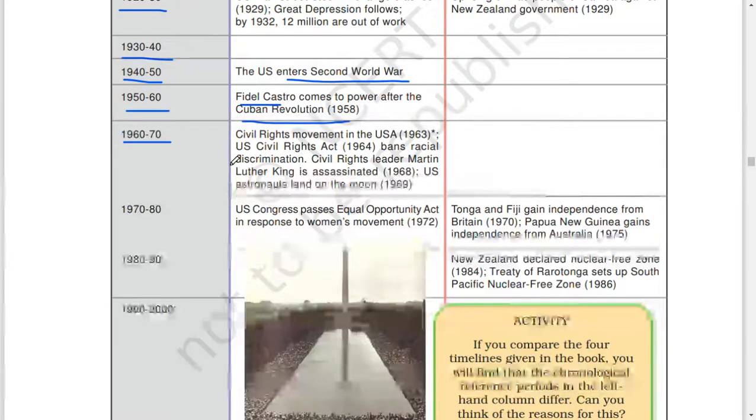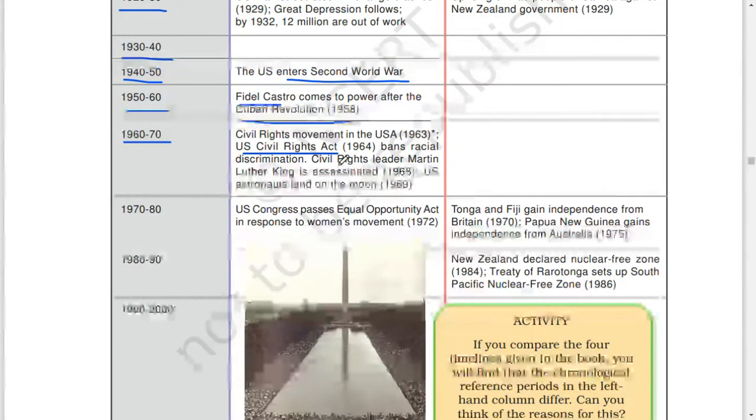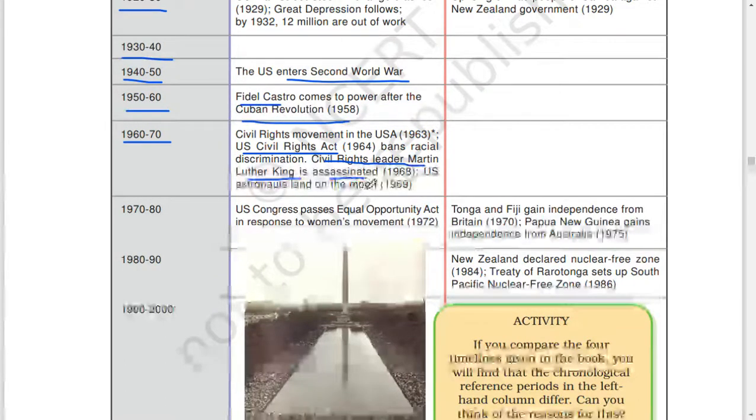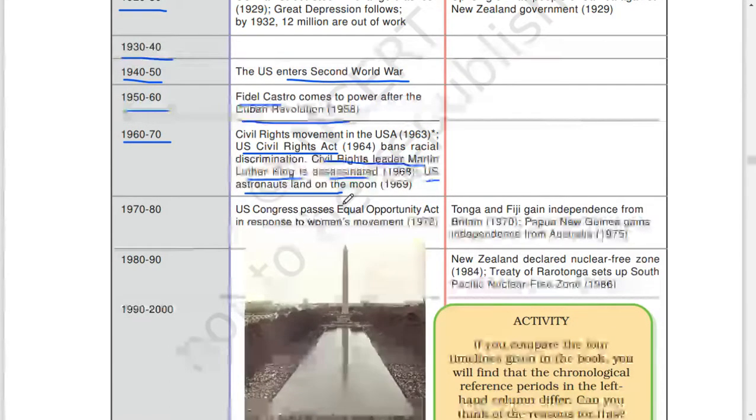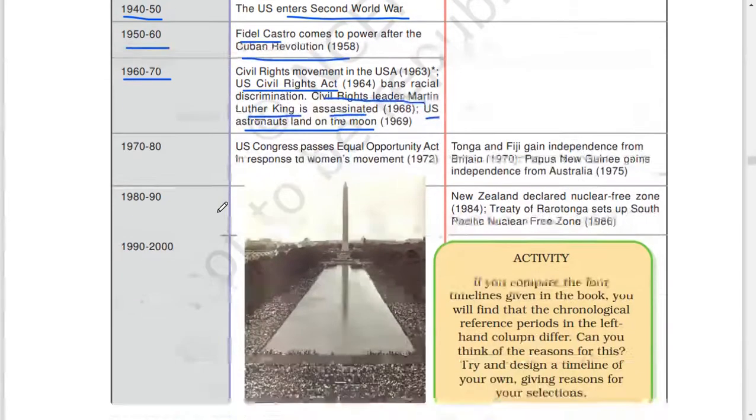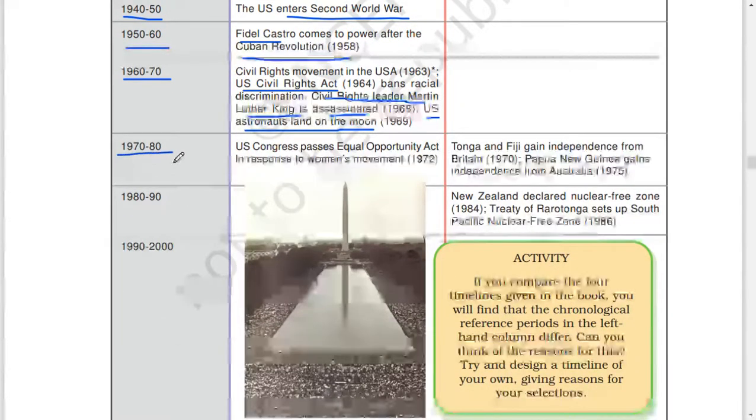1963, US Civil Rights Act, 1964, bans racial discrimination. Civil rights leader Martin Luther King is assassinated, 1968. US astronauts land on the moon, 1969. 1970 to 1980, US Congress passes Equal Opportunity Act in response to women's movement, 1972.